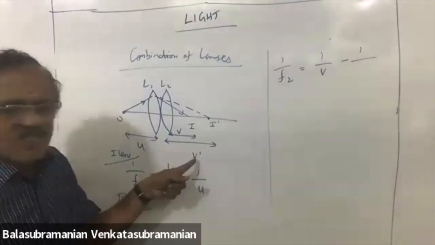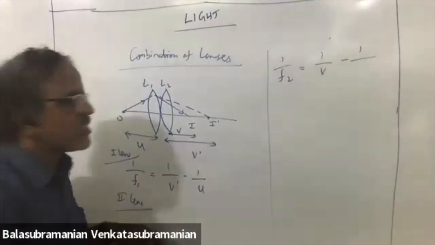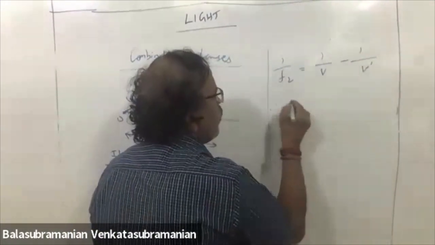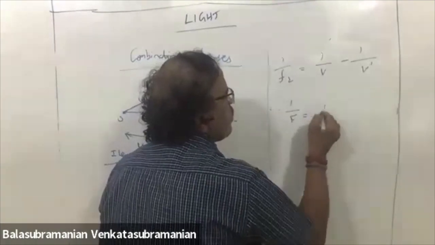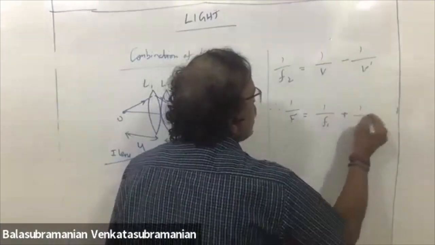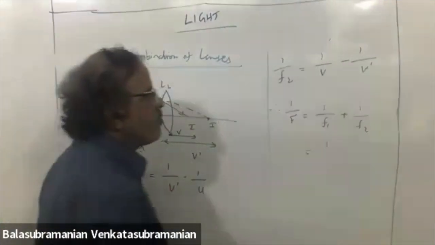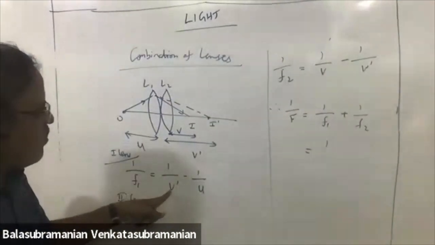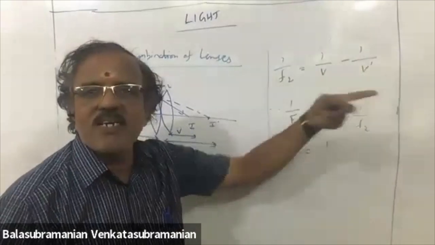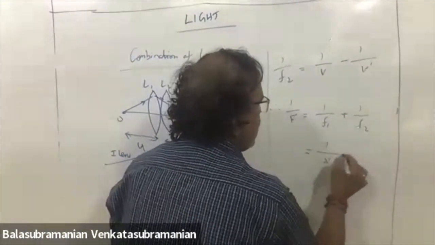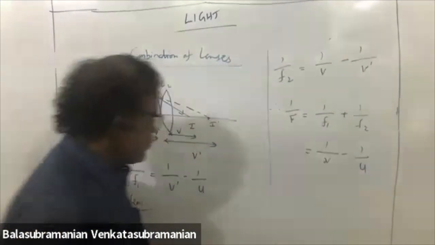So the object distance here is V dash. Therefore, 1 by F is equal to 1 by F1 plus 1 by F2. We add: 1 by V dash minus 1 by V dash cancelled. What will you get? 1 by V minus 1 by U. Same.